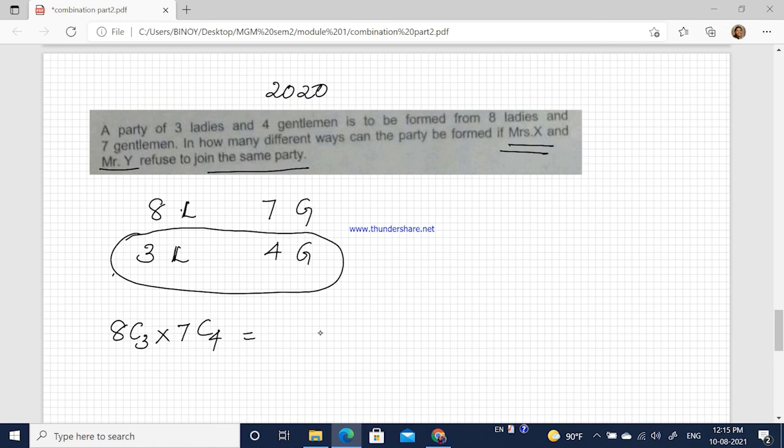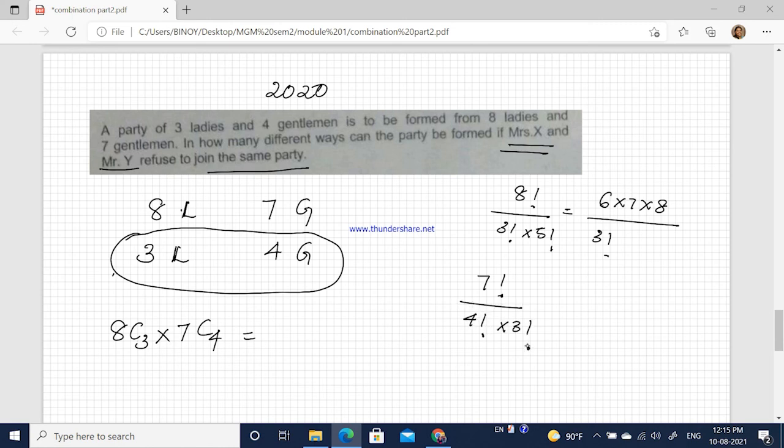8C3 times 7C4 means 8 factorial by 3 factorial into 5 factorial, so it will be 6 into 7 into 8 by 3 factorial. And the other one is 7 factorial by 4 factorial into 3 factorial, so it will be 5 into 6 into 7 by 3 factorial.